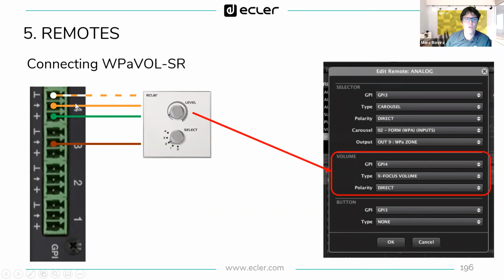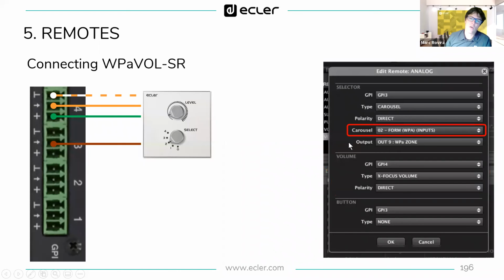GPI4 refers to the volume, and we choose the option X focus, because X will change depending on what we have selected here.